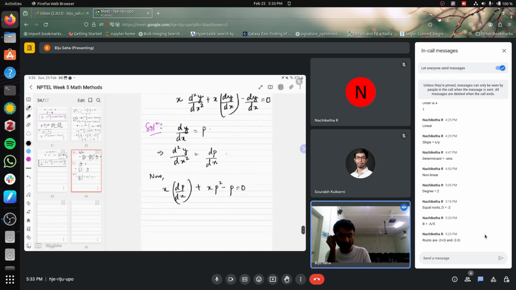Now you can try to reduce it into a form that you already studied. Let's try to make it into a linearized form.